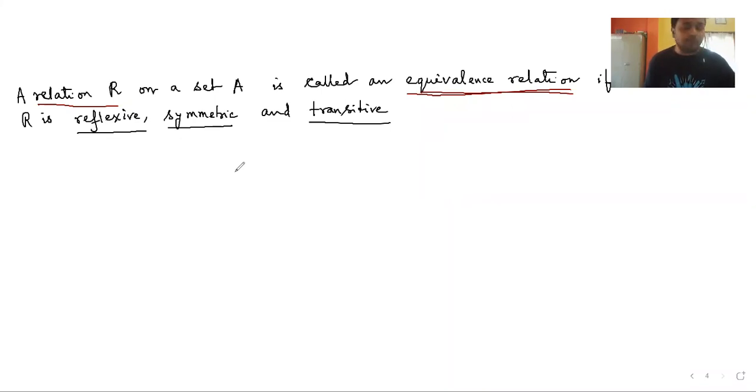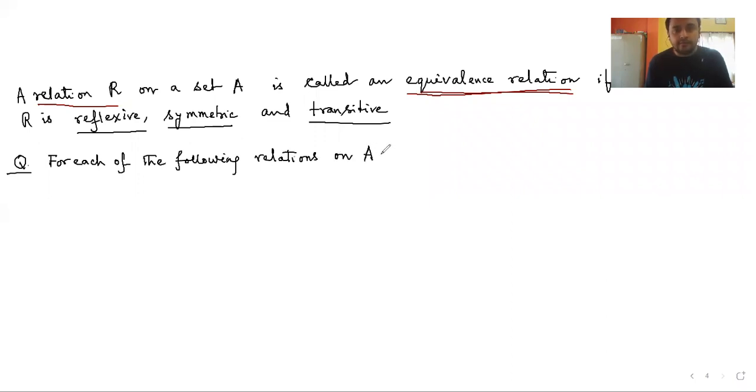So I'm taking a problem from the book. Okay, so the problem goes like this. Question number 1. For each of the following relations on A, the set A is denoted by, containing the elements 1, 2, 3, 4.